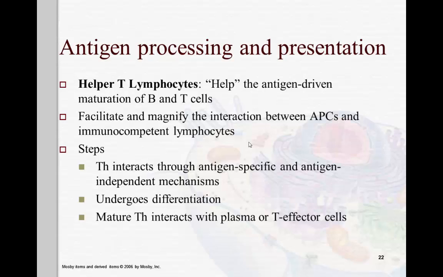So T cells are no more than cells that develop from the bone marrow stem cell that travel to the thymus, where they go through a rigorous selection. And there are three main types of T cells. There's the helper, regulatory, and cytotoxic T cells.